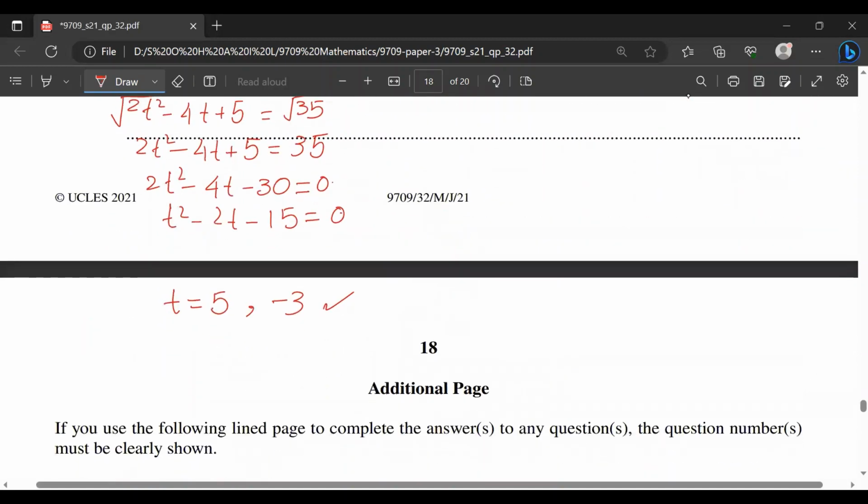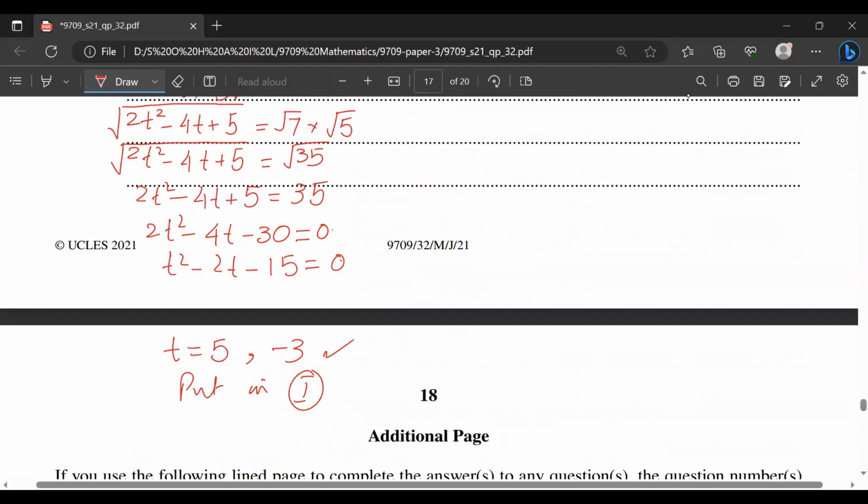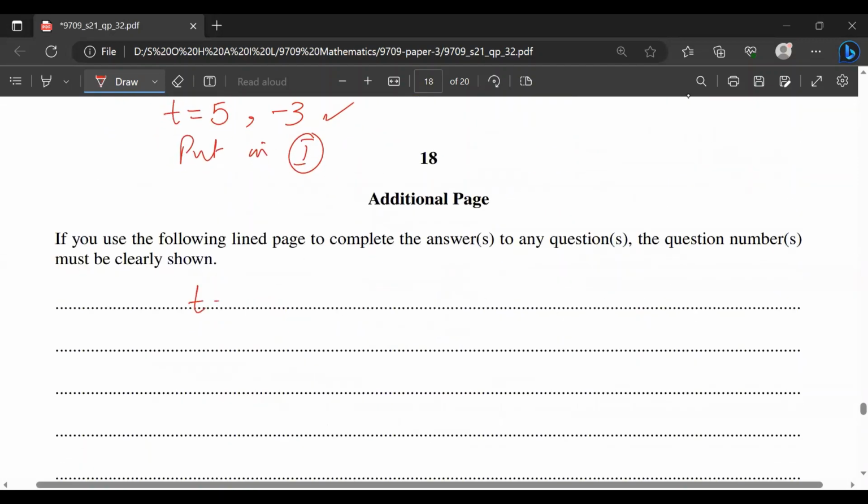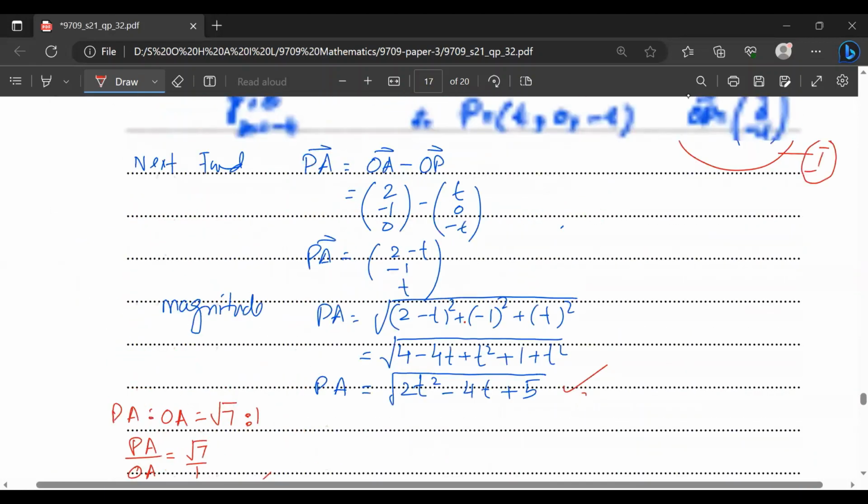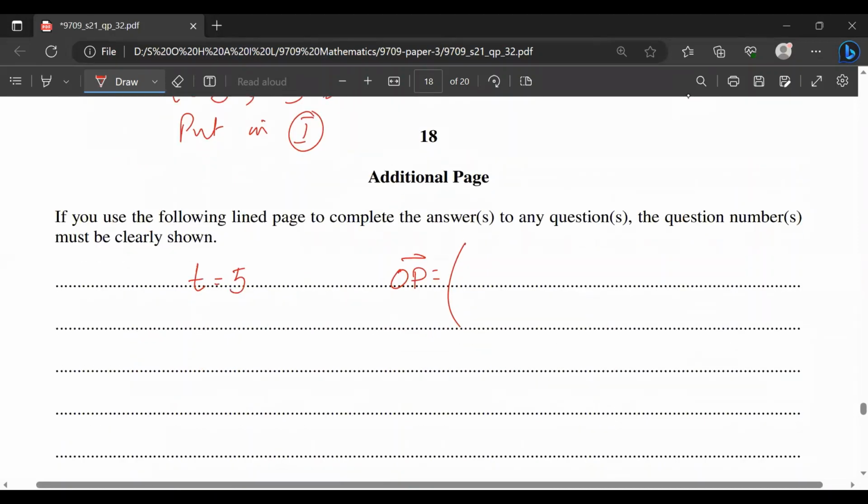So if t equals 5, OP, which was (t, 0, -t), is equal to (5, 0, -5), or 5i minus 5k.